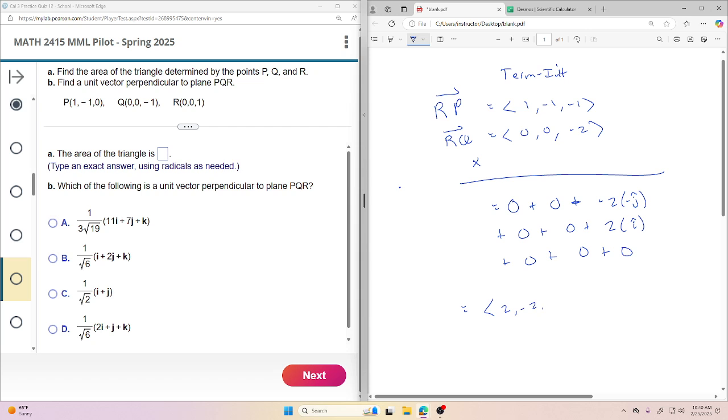So 2, -2, 0. And I want the magnitude of that, which would be 4 plus 4, square root 8. And then over 2.